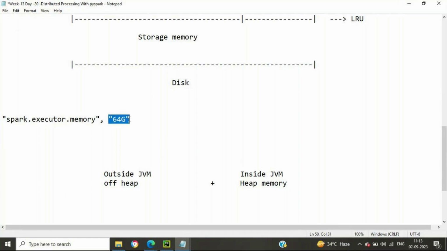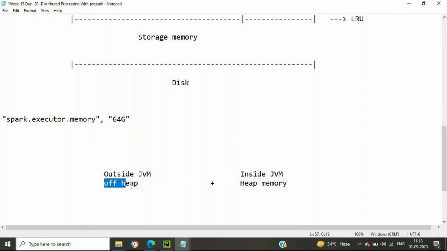It is the combination of heap memory inside the JVM and off-heap memory outside the JVM.